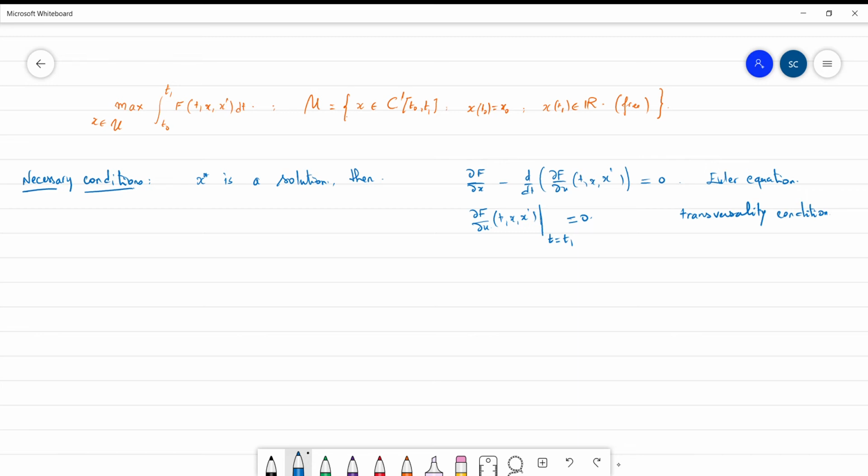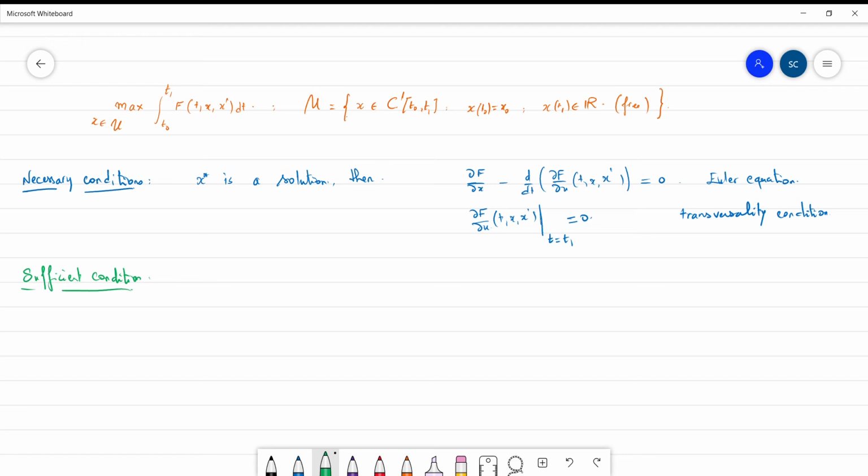Now we also show a sufficient condition. A sufficient condition is a condition that allows us to conclude that the point is a solution of the problem.